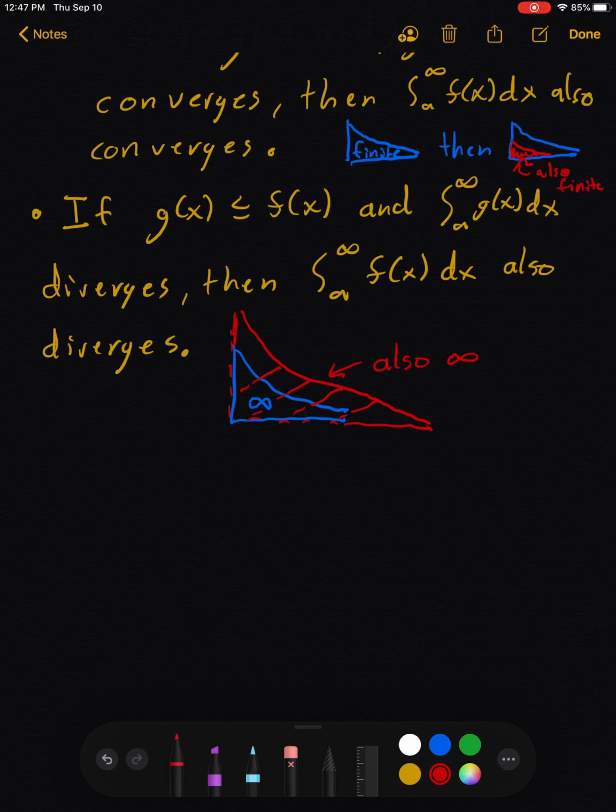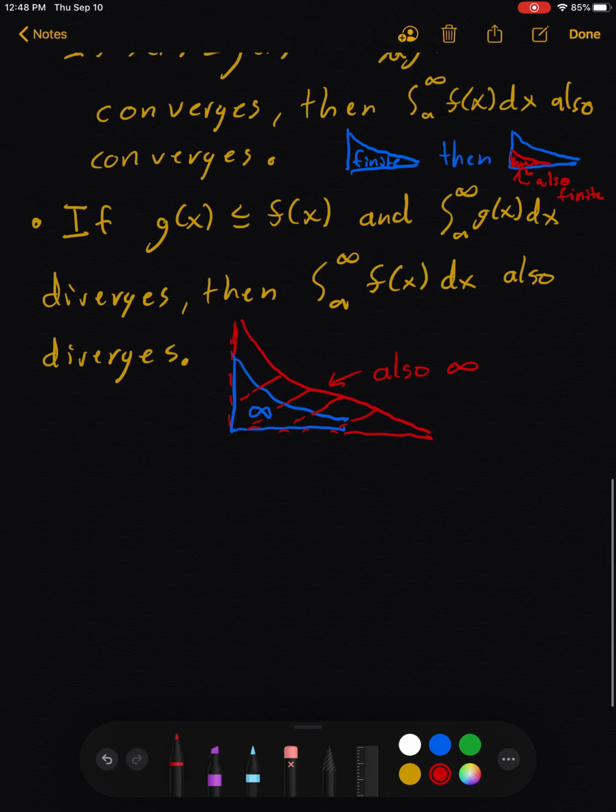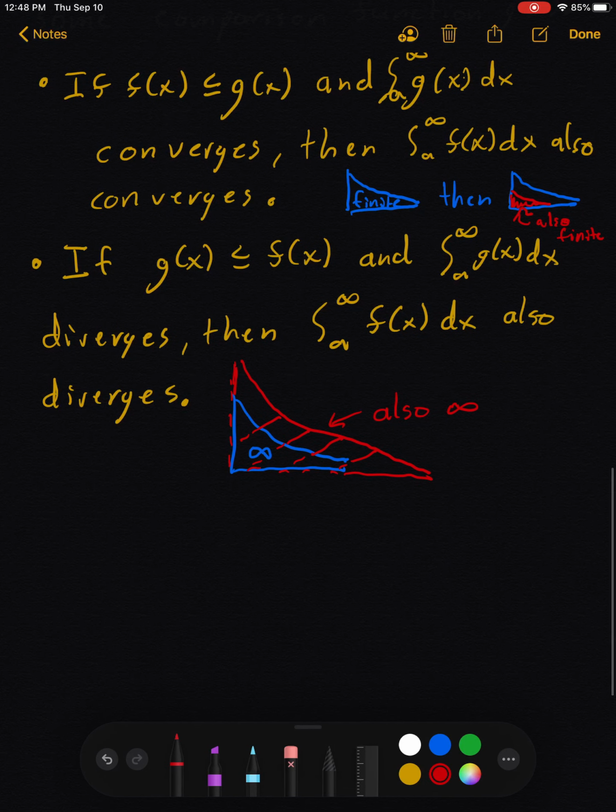If the area inside is infinity, then the area that's containing it must also be infinity. That's why these are directional. We either find a big function and show it's finite and work down, or we find a smaller one, show it's infinite, and work up. And we're going to practice this.